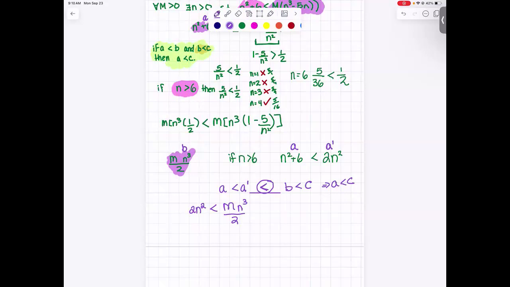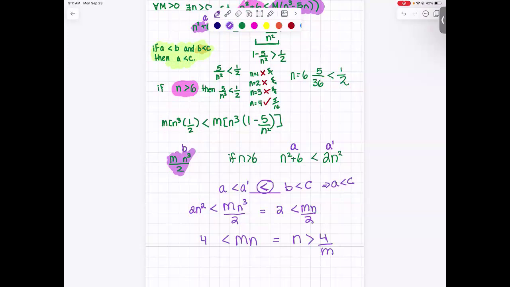Let's go ahead and divide both sides by n squared so that we end up with 2 less than mn over 2. And let's also multiply both sides by 2 so that we'll have 4 less than mn. And then let's divide both sides by m, and we will end up with n being greater than 4 over m.